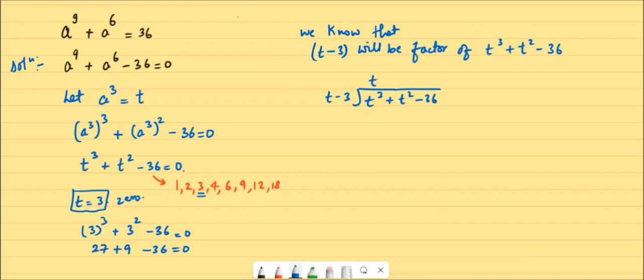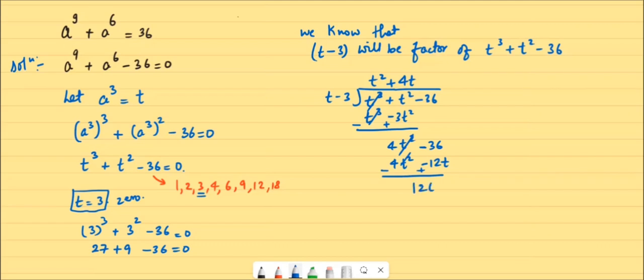So now t into t squared will give me t cubed, and then minus 3t squared, and when I subtract these, the sign will change, and these two terms cancel out. t squared plus 3t squared is 4t squared, minus 36 we get. Now again we multiply with plus 4t, so 4t times t is 4t squared, and 4 into 3 is minus 12t, and then again we subtract, so the sign will change, and they cancel out.